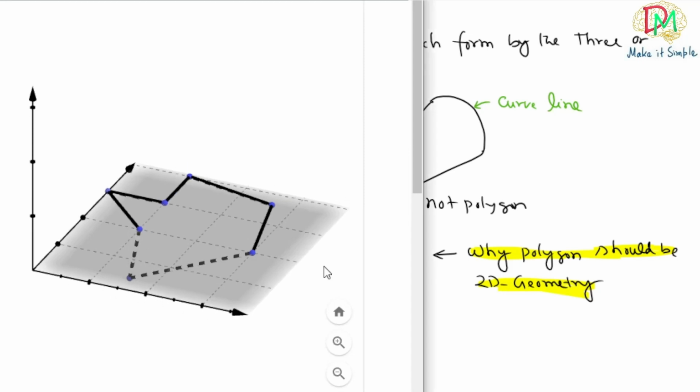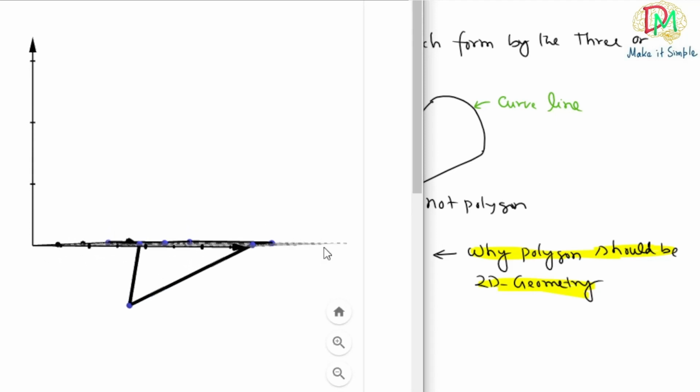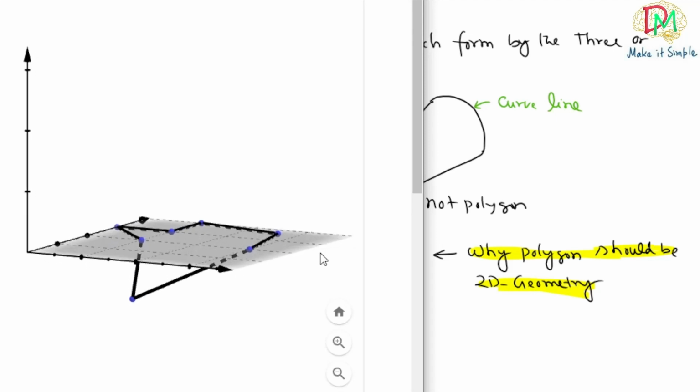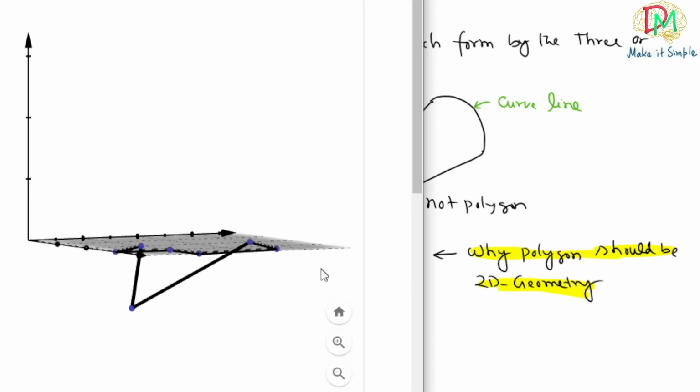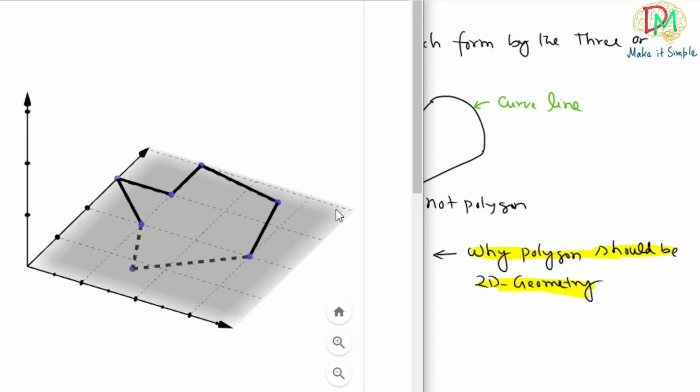If you try to observe this, now look. So this dotted portion does not lie in the XY plane. It lies in a different plane. That is the reason this is not a polygon. The reason is that not all the straight lines lie in the same plane.